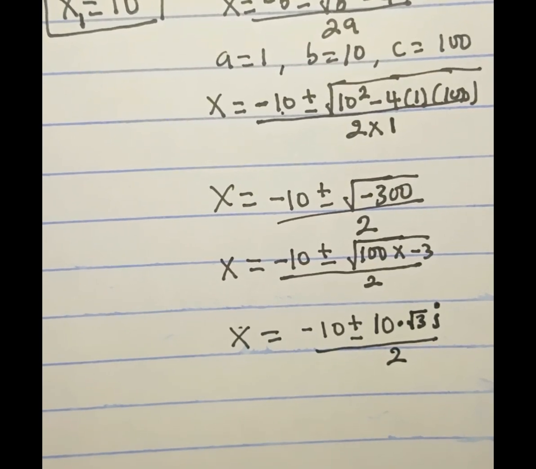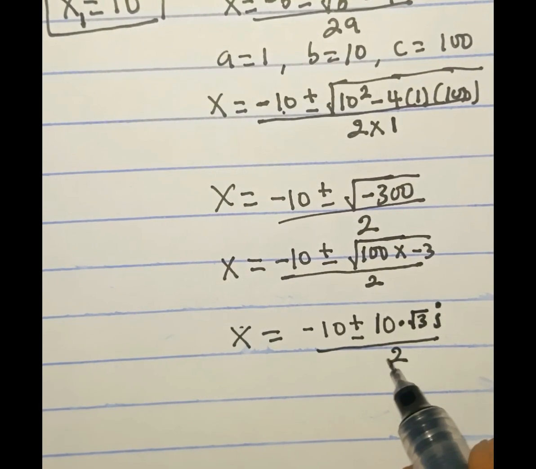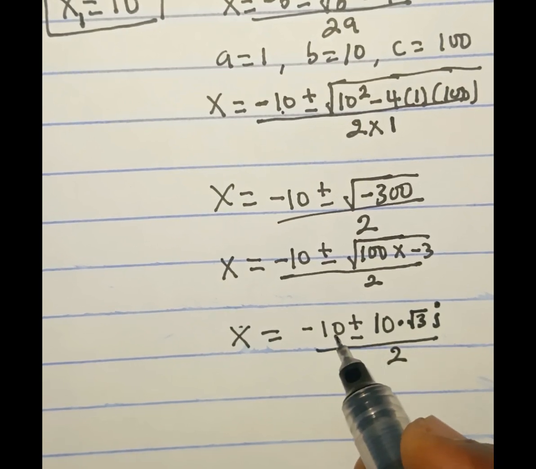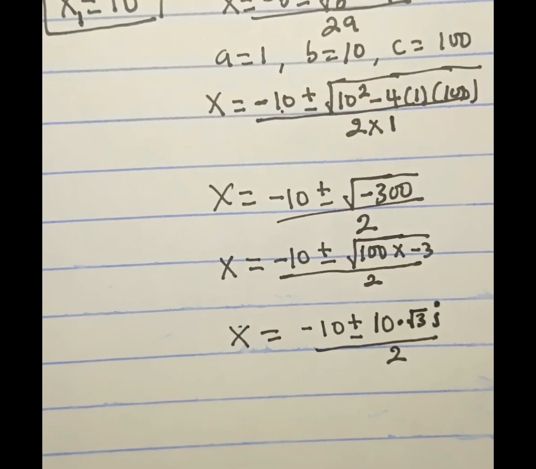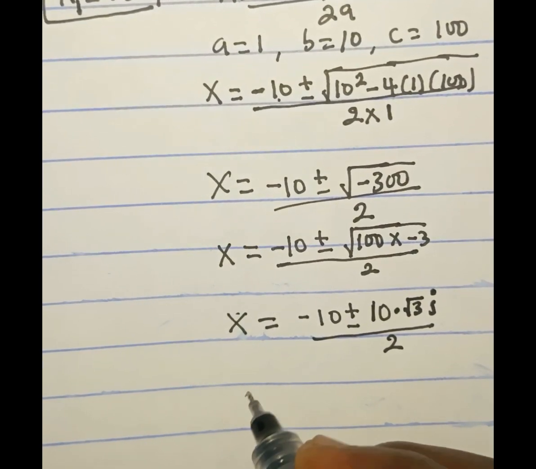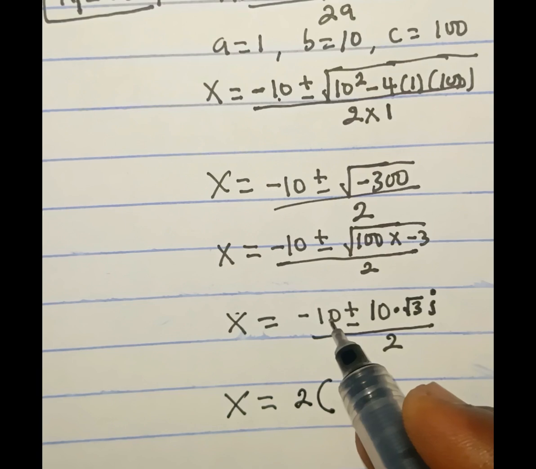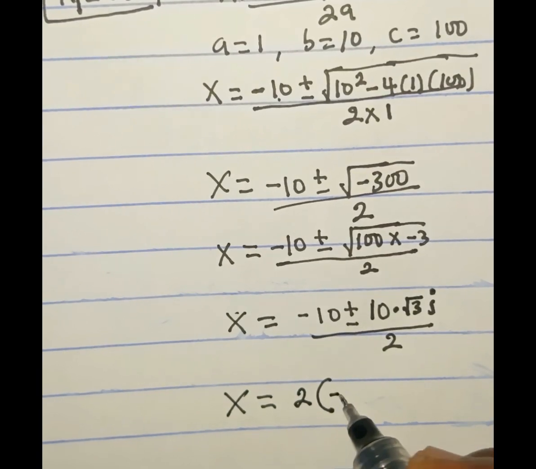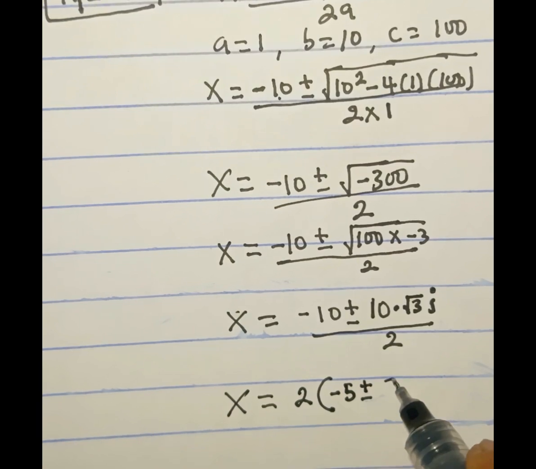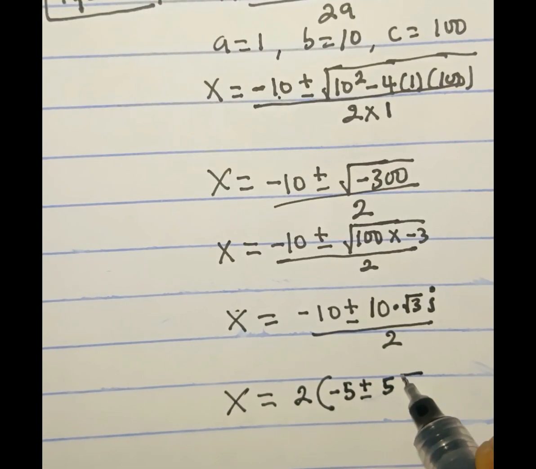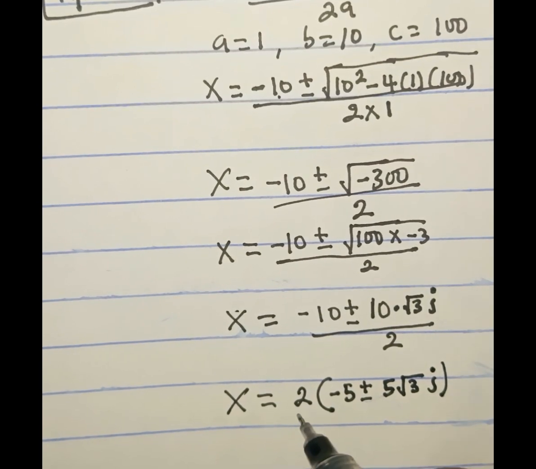Now the next step: if you look at the denominator, we have 2, and in the numerator we have 10 in both terms. So we can factor out 2 so that we can cancel the 2 in the denominator. So x will be equal to, when we factor out 2, minus 10 divided by 2 giving us minus 5, plus or minus 10 divided by 2, which is 5, then multiplied by the square root of 3 and the imaginary number i.